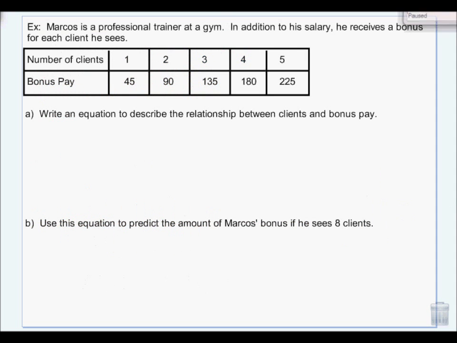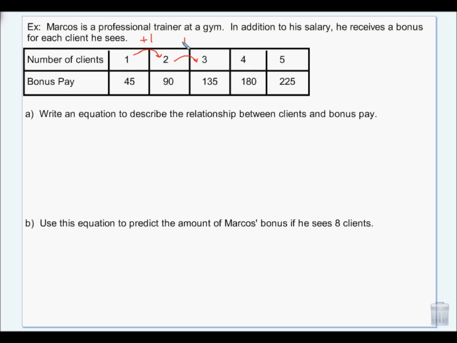What we're going to do is write an equation to describe this relationship. He's a professional trainer. He gets bonus pay for each client he sees. If he sees 1 client, he gets 45. 2 clients, he gets 90. 3, 135. 4, 180. To go from 1 to 2, I added 1.